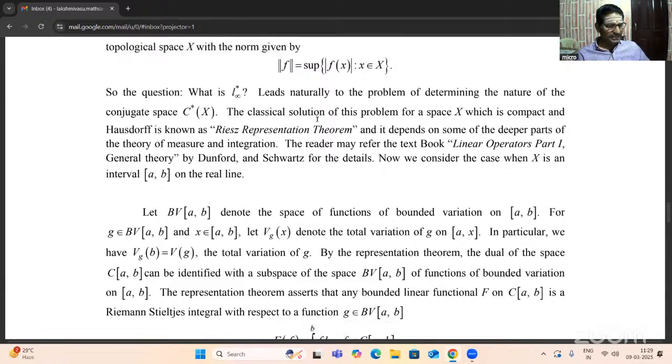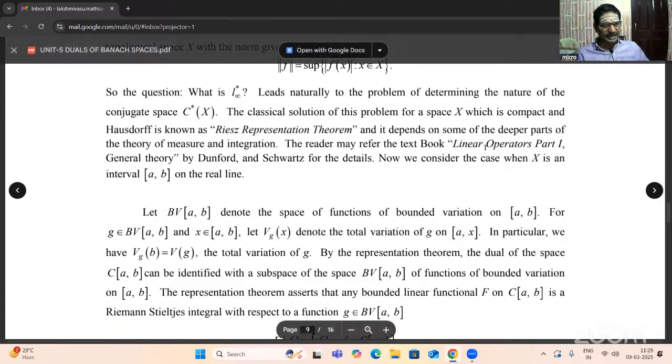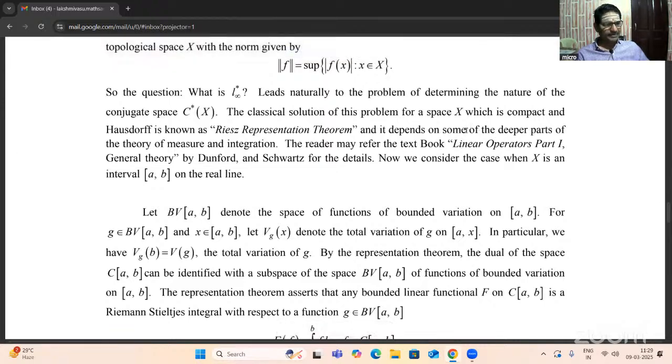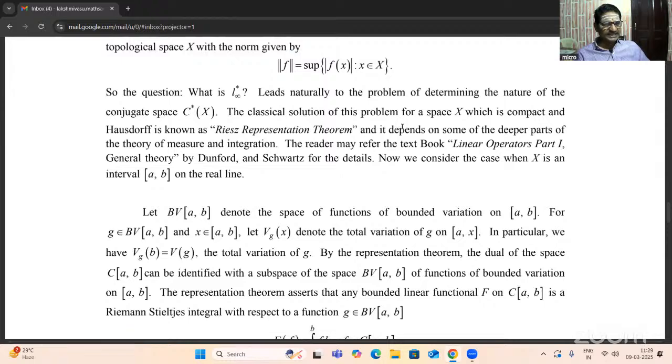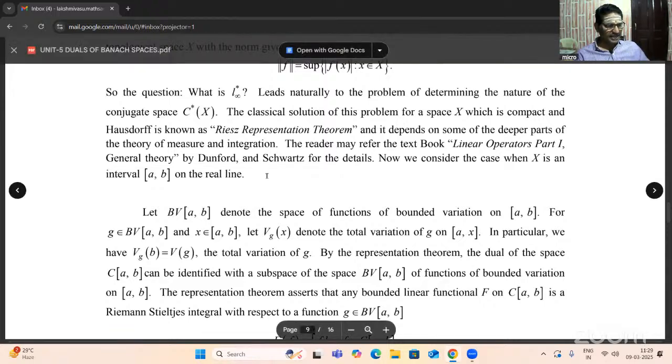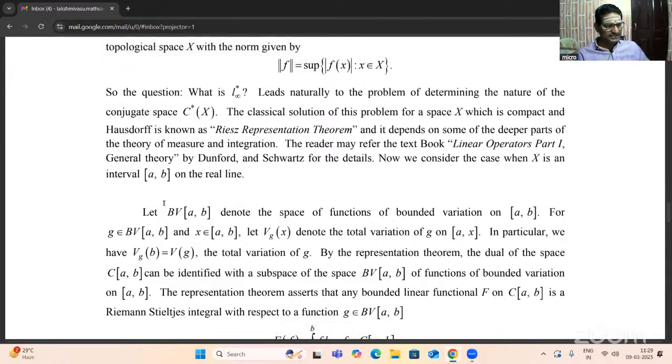This theorem is also given in the theory of measure and integration, and it is also repeated in measure integration here. At the same time, the operator theory paper also consists of this part. Now replacing capital X by the closed interval [a,b] on the real line, this is the space of functions of bounded variation on the closed interval [a,b].